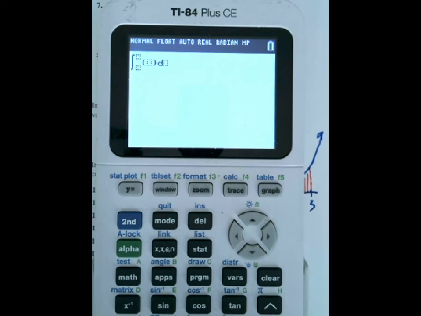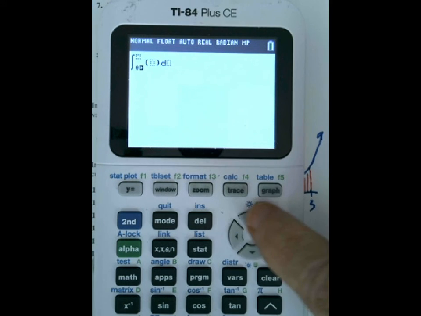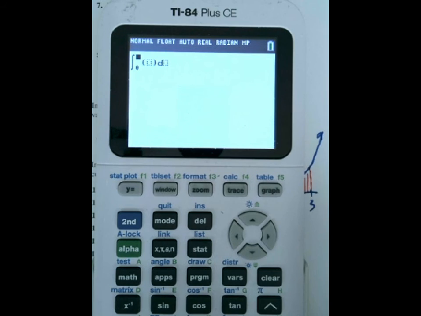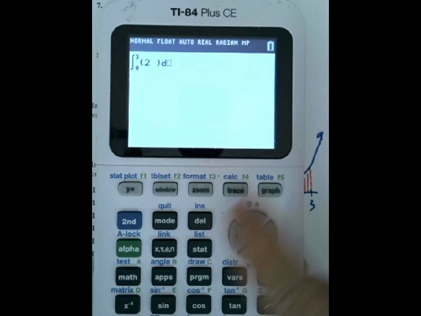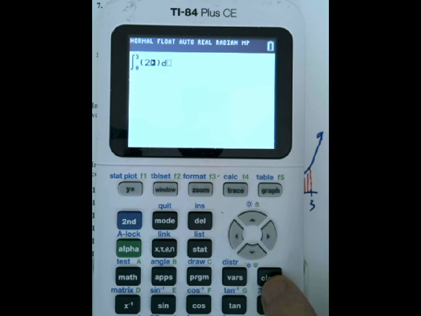Now we just plunk in the stuff that we want. We want from 0, and then I arrow up, and I type in 3 there. Then I arrow to the right to get into the little function box. Now I just have to enter 2 to the x. So I'm going to type in 2 for the base, and then the exponent key, see where my finger is? Right here.